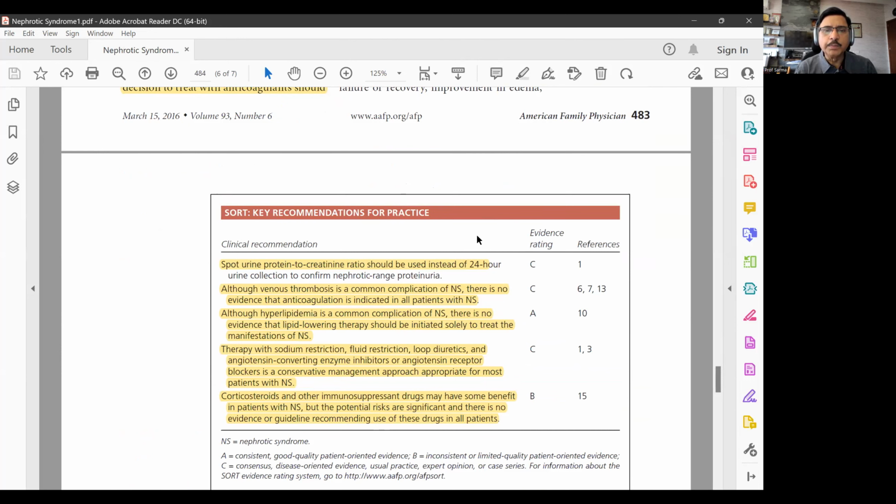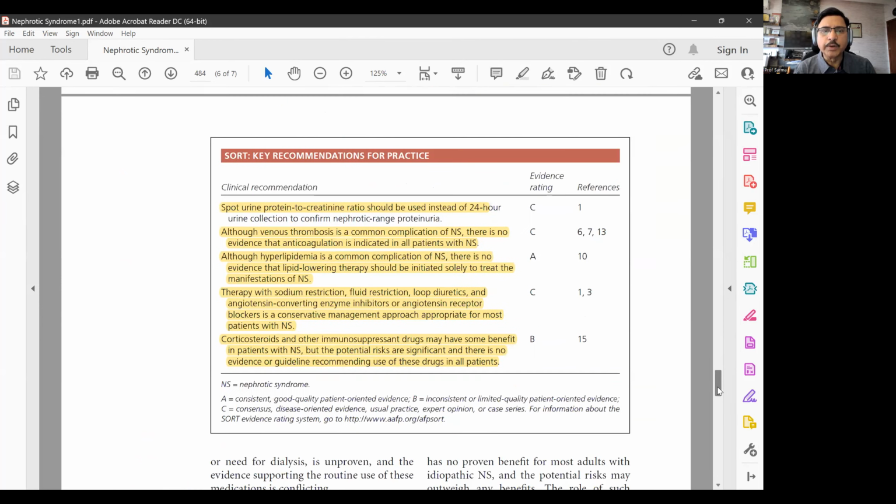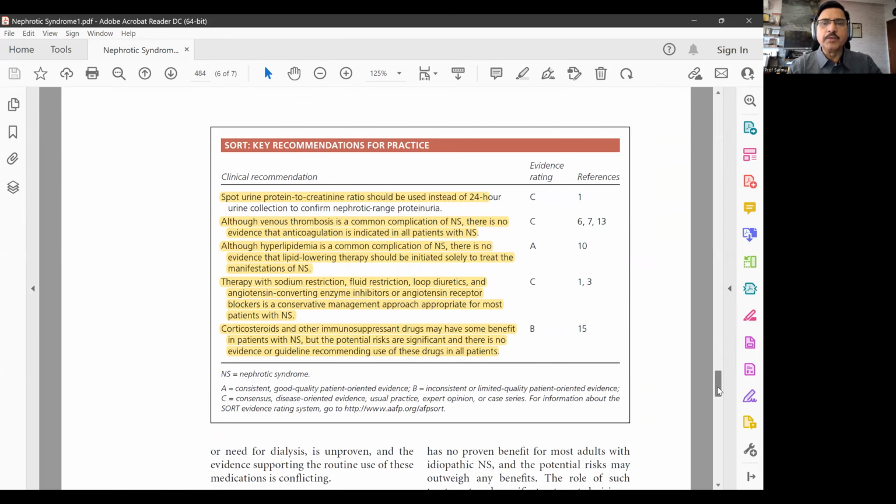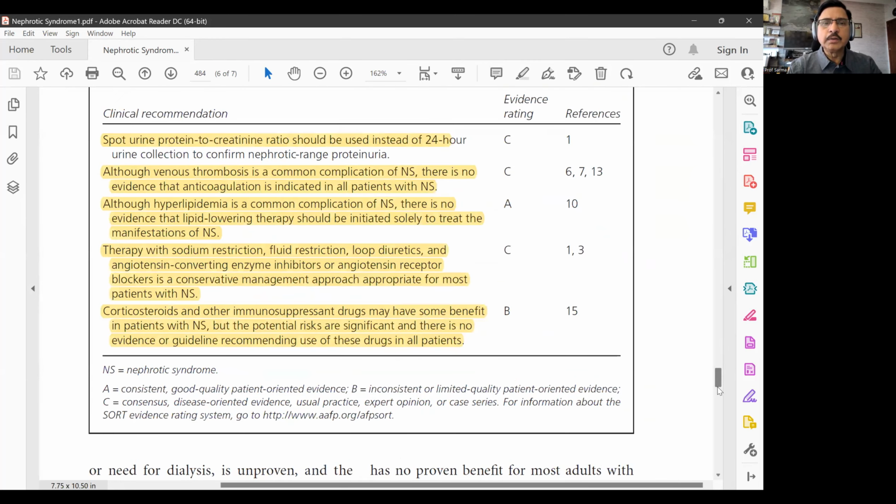Spot urine protein creatinine ratio should be used instead of 24-hour protein collection to confirm the nephrotic range of proteinuria. Okay, that is number one. Number two, although venous thrombosis is a common complication, there is no evidence that anticoagulation is indicated in all patients of NS. That is the number two learning point.